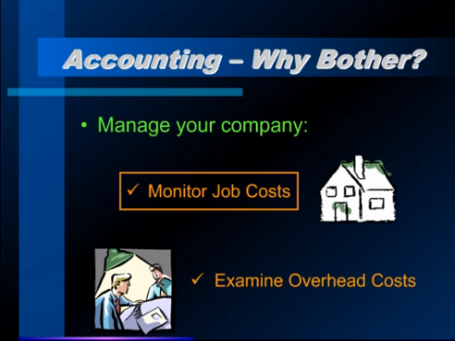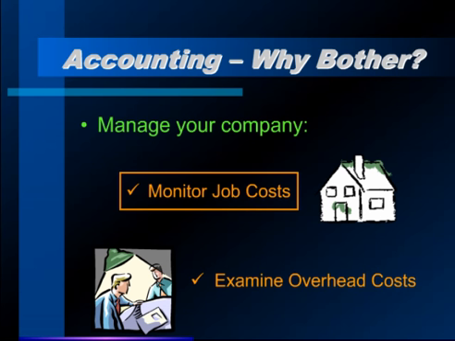One of the most critical reasons that construction companies need financial data is so that we can monitor our job costs. If we can monitor job costs to take a look at each job and see exactly what it's costing us by individual job stages, and then compare it to the estimated cost for that job, we can begin to control that job.